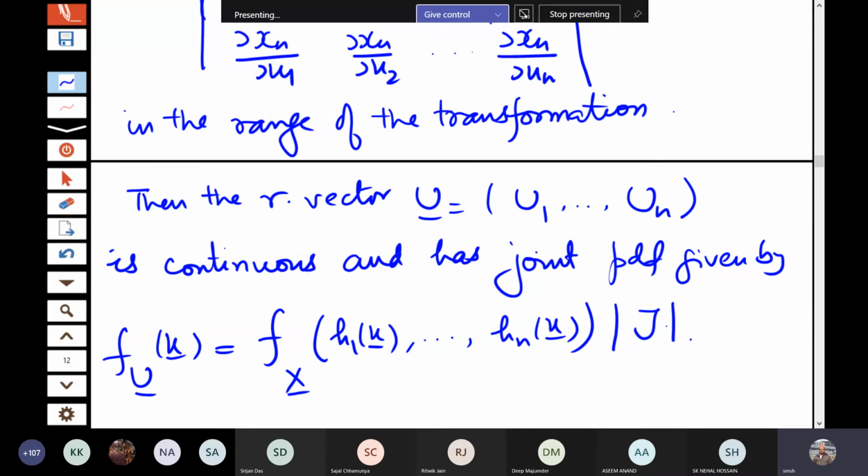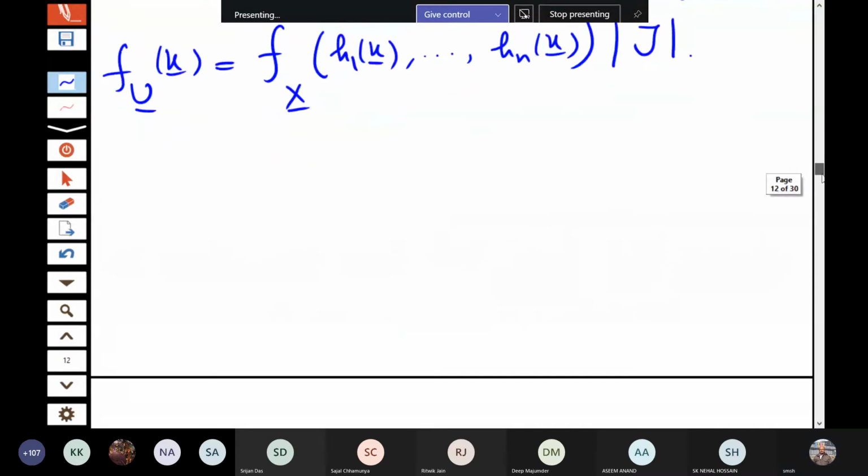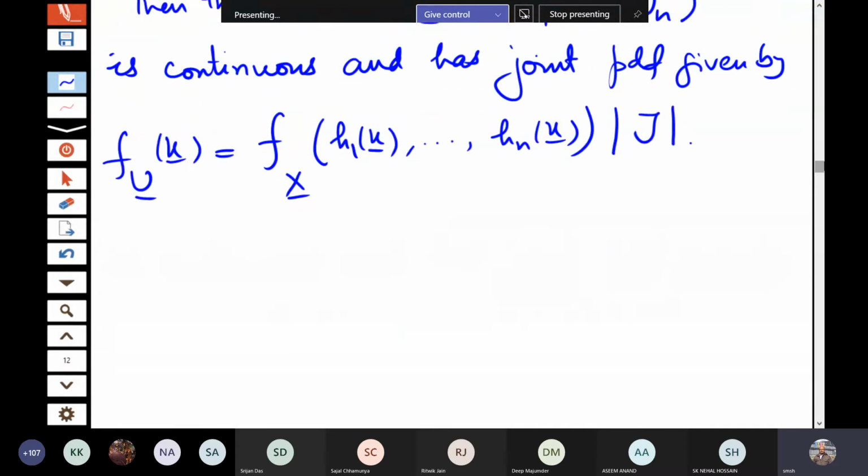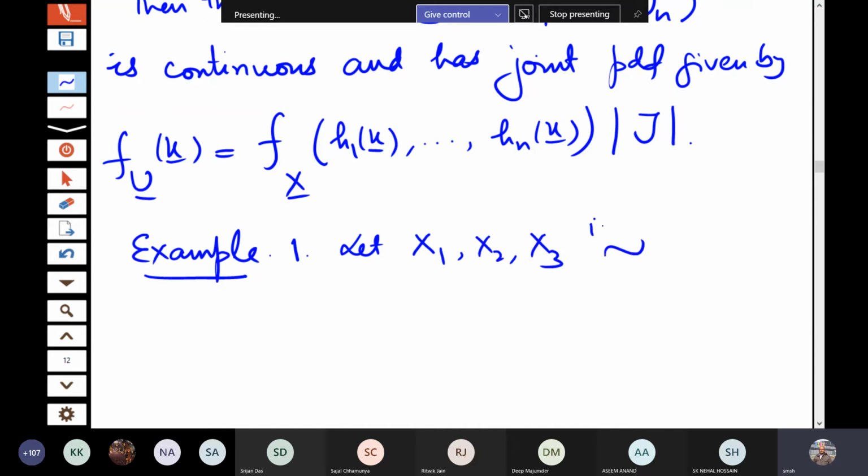Let me explain it through one exercise. Let X1, X2, X3 be IID, independent and identically distributed, exponential random variables with lambda equal to 1.